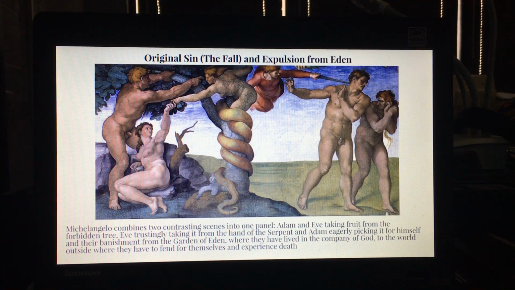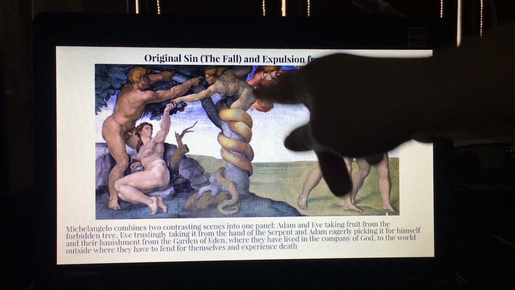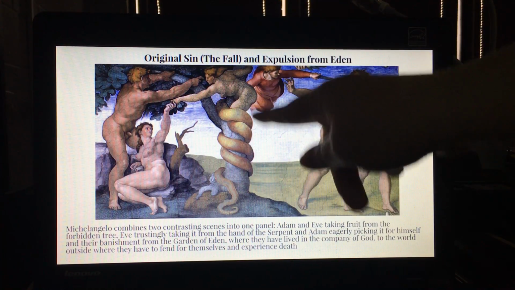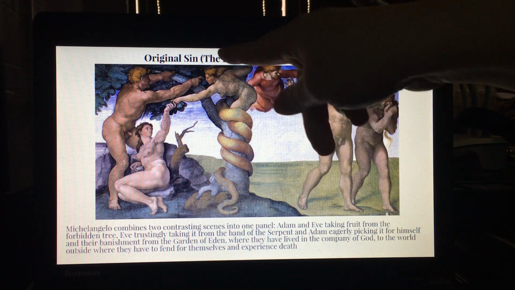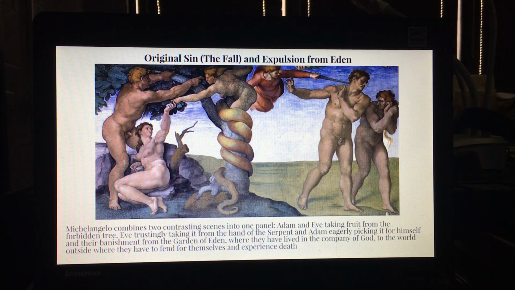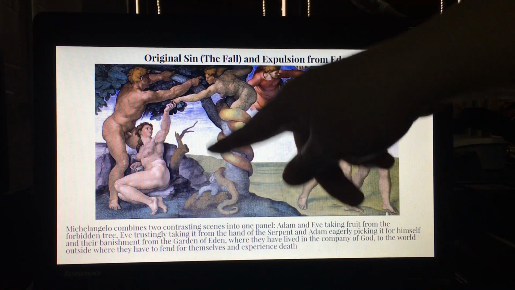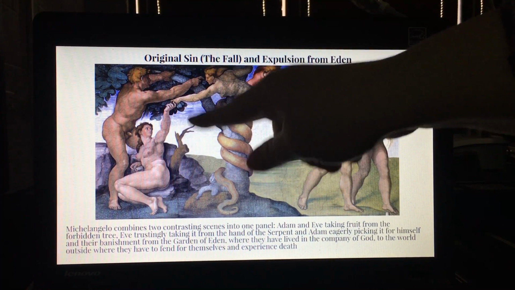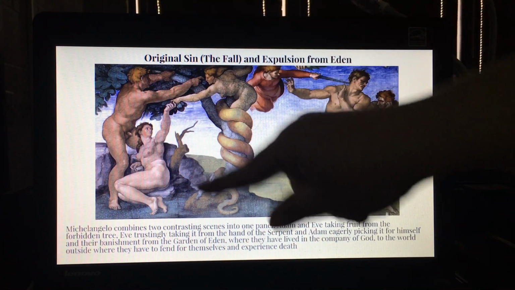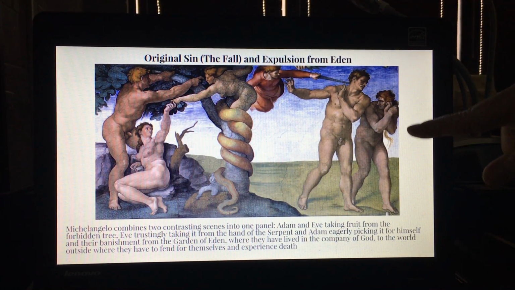Okay, so another one. This is original sin, otherwise known as the fall, right? Fall from grace and the expulsion from Eden. You can see the serpent is depicted with a serpent body but a human upper part. When Adam and Eve are here, they're relatively pleasant looking, although they're about to do something they shouldn't do, right? But when they've been expelled, you can see the darkness has come upon them.